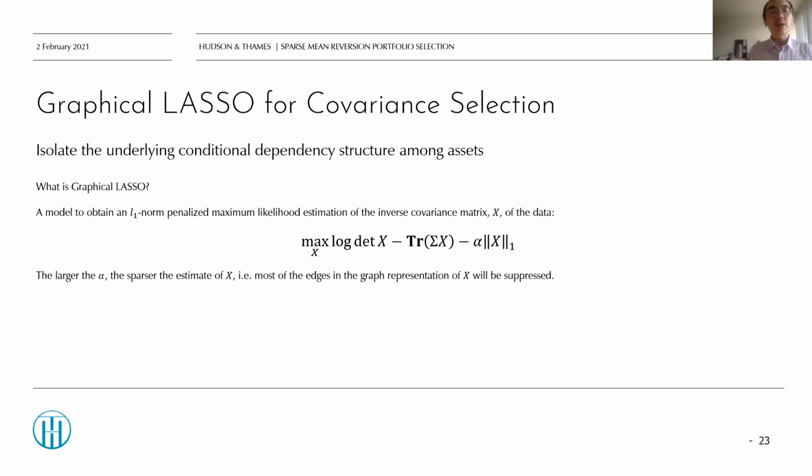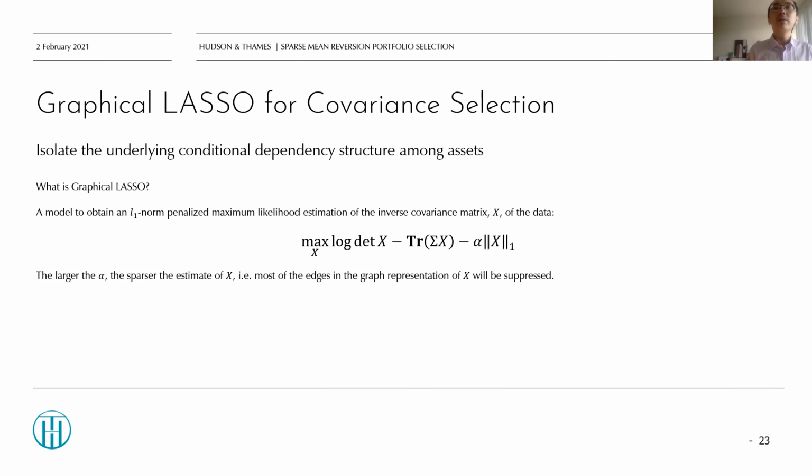The larger the alpha we provide, the sparser the estimate of the inverse covariance matrix you will get. So that means most of the edges in the graph representation of the inverse covariance matrix will be suppressed. So here I have an animation to show you how the graph will change with respect to the value of alpha.